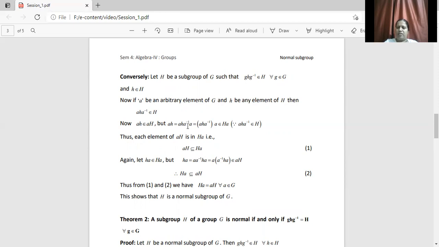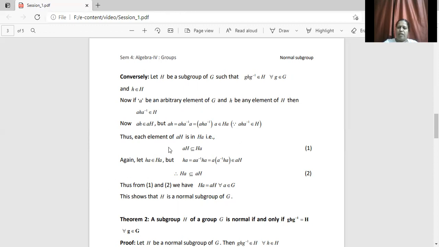So we have to make the adjustment here, ah a inverse a, and that can be written as, in bracket you write aha inverse and outside it is a, and that belongs to Ha because aha inverse is an element of H. It belongs to H, which is given here. That is the given condition. Therefore, this aha inverse will become a capital H. Hence, aha inverse into a belongs to Ha.